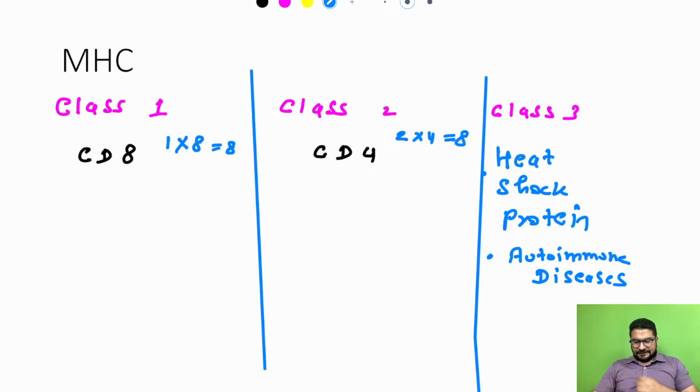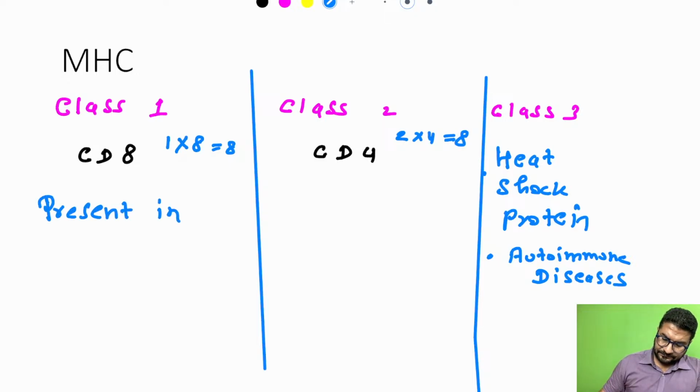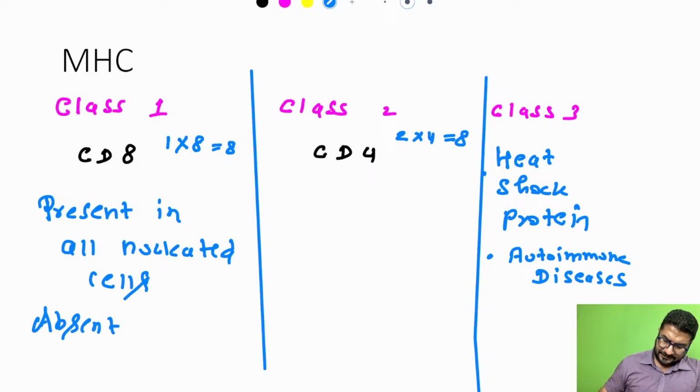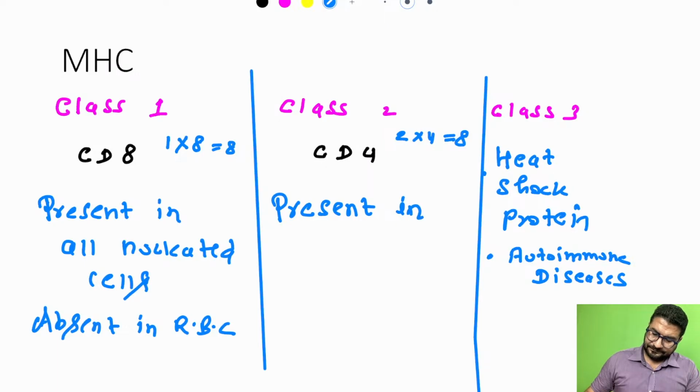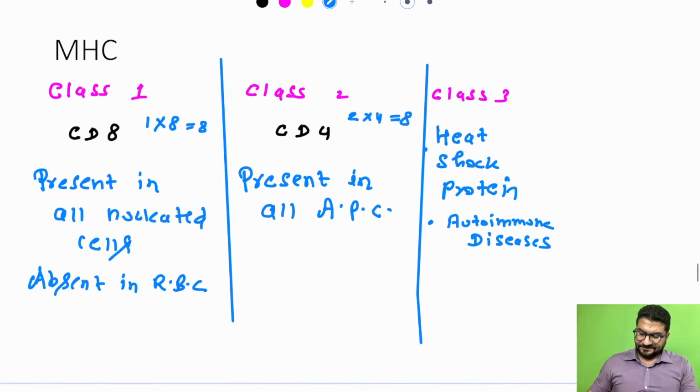MHC class 1, now understand this class 1, this is generally present in all nucleated cells. तो किस में absent होगा? So remember, it is absent in RBCs, in mature RBCs. And class 2, if I talk about MHC class 2, this is something which is present in all APCs.